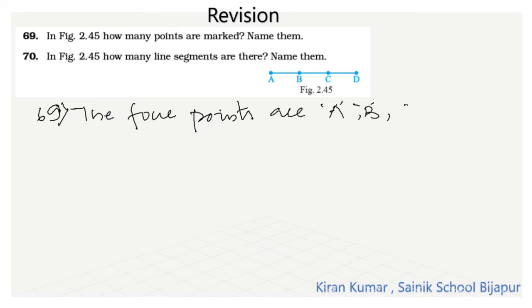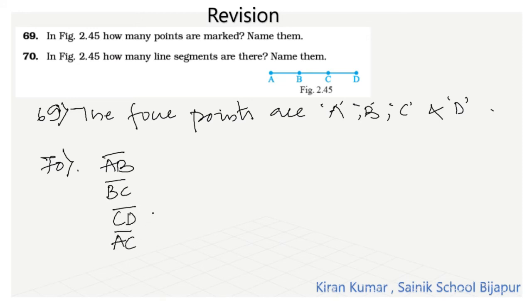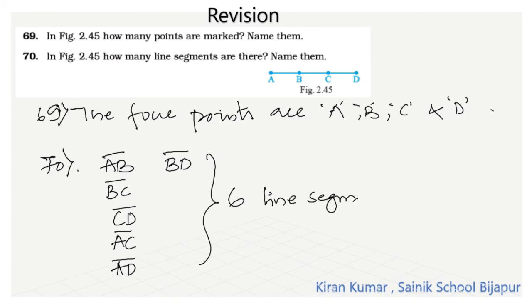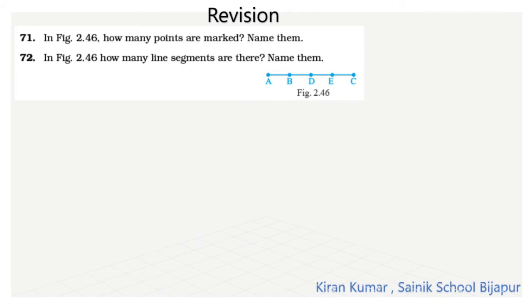The 8 line segments are AB, AC, AD, BC, BD, and CD. In an easier way, there are 10 line segments and 5 points.